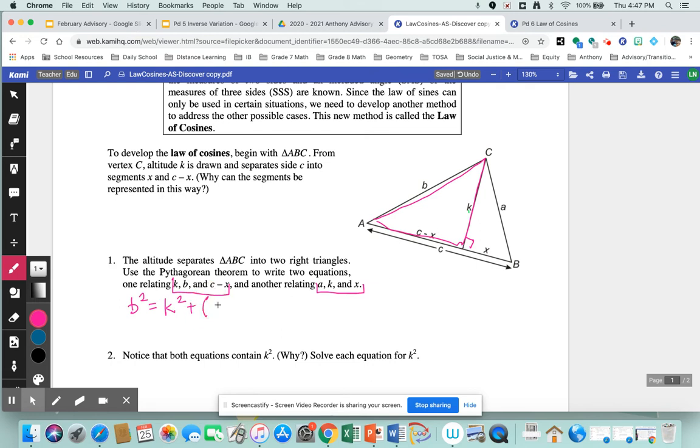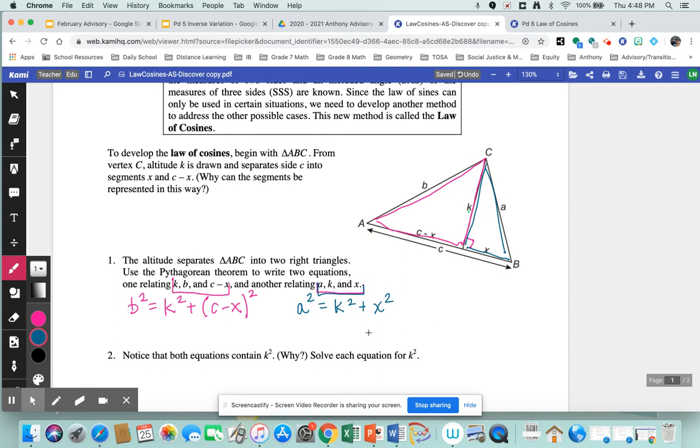I have to put that in parentheses and then write that it is squared. For my other triangle, I'll do that one in blue. So A is my hypotenuse here. And so for this one, I'm going to have A squared is equal to K squared plus X squared.